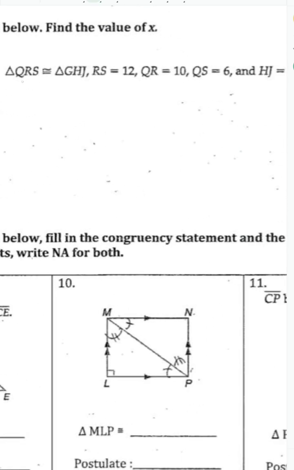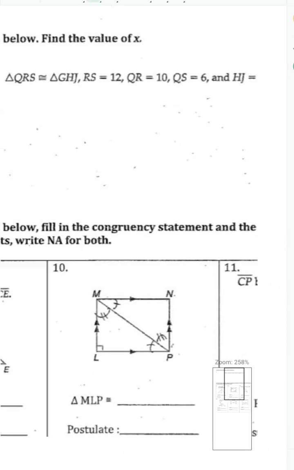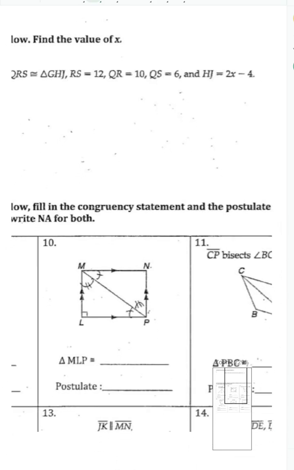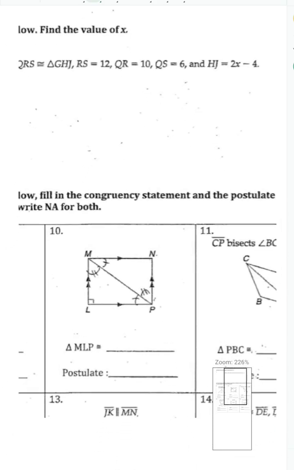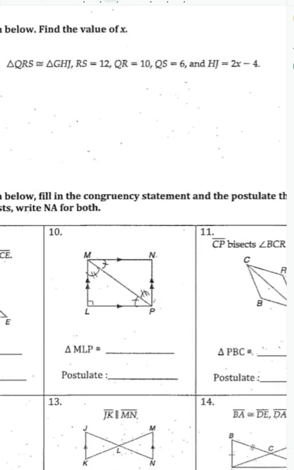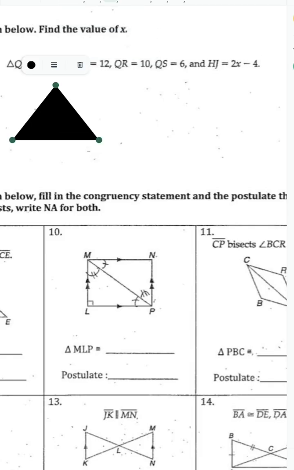So we're given triangle QRS is congruent to triangle GHJ. RS is equal to 12. QR is equal to 10. QS. Okay, let's draw the triangle then. Okay. Let's say this is triangle QRS. It says QR is 10.